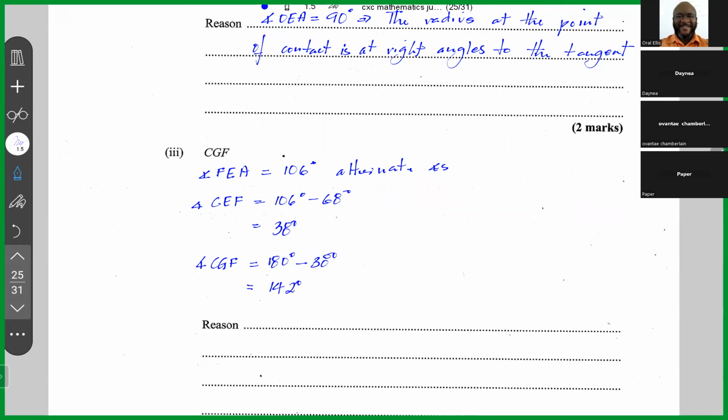And the reason I'm going to give is that angle CEF and angle CGF are opposite angles of a cyclic quadrilateral.